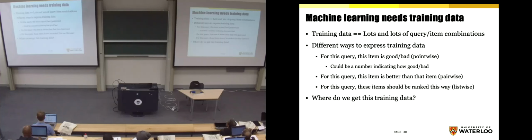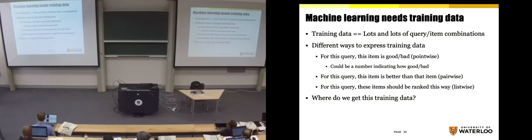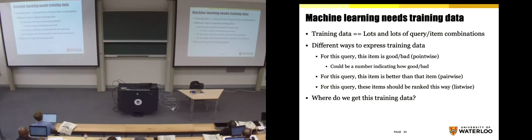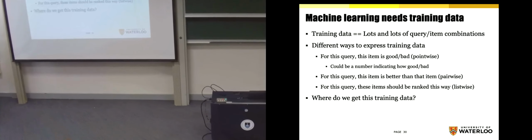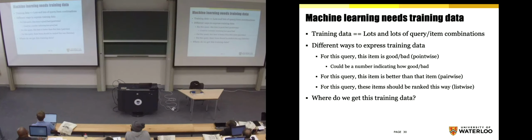So for search, we have a special problem, which is where we get that training data. It actually turns out to be one of the core things about search and recommendation. A lot of what I'm saying here is about recommendation too. Getting training data for these sorts of things is actually quite hard. Not saying that other areas are easier, but if you're, for example, doing image recognition, you have a picture, somebody says, yes, that's a picture of a duck.